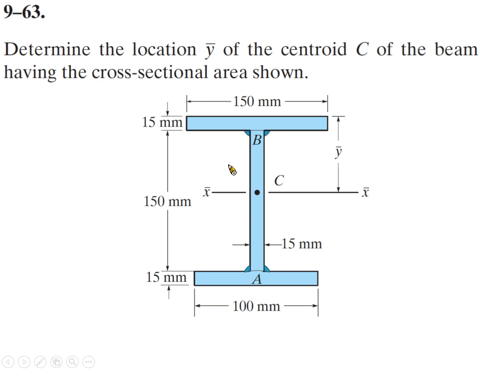So we want to determine the location of the y value, the average y of the centroid C of the beam having the cross-sectional area shown. Okay, so we can see this structure left-hand side and right-hand side is symmetric, but top to bottom is not symmetric because here the dimension is 100 millimeter, but here the dimension is 150 millimeter.